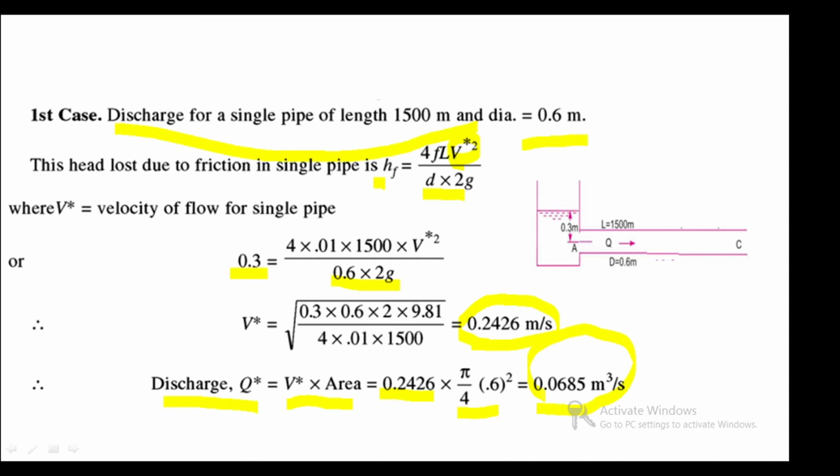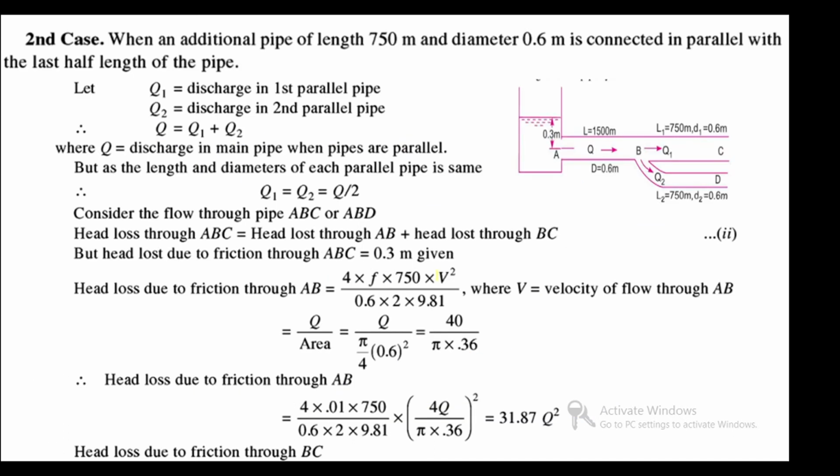Then you go for the second case, when the additional pipe of length 750 meter and diameter 0.6 meter is connected in parallel with the last half length of the pipe. In this diagram, this is the one pipe, and then the branch is at B, the same diameter and second half of the length.